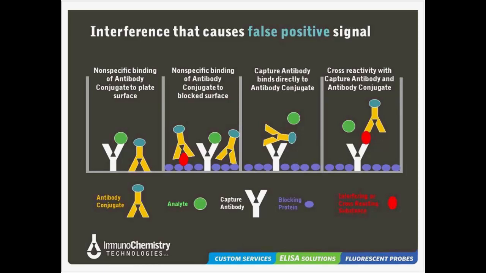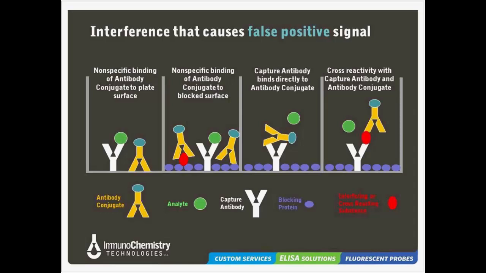Now, in the second well, you have nonspecific binding issues because sometimes the sample matrix, that's your serum or urine or whatever your sample matrix is, can have materials in there that can non-specifically bind to your blocked plate surface.